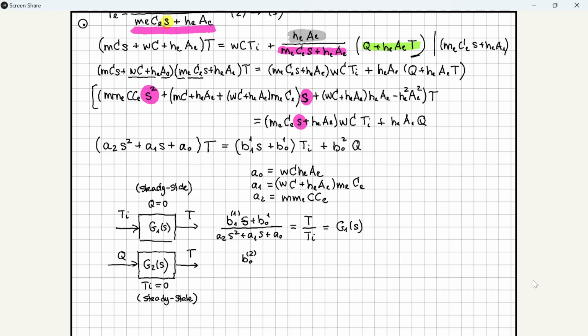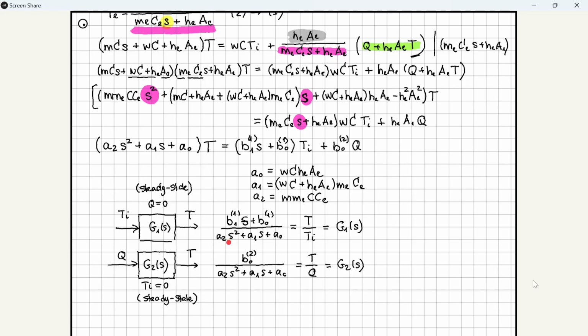I should do little brackets here so it's a bit clearer that this is not to the square. It's just an index that's running. B02 divided by A2S square plus A1S plus A0. And this is T when the input is Q, and this is the dynamic behavior that we quantify in transfer function G2.